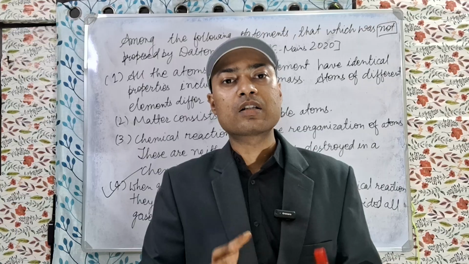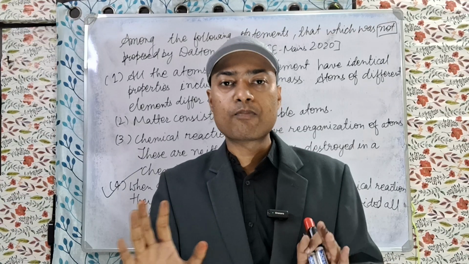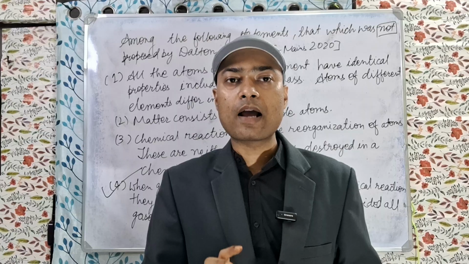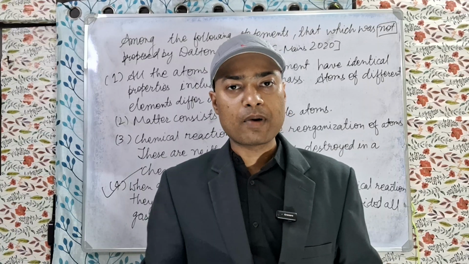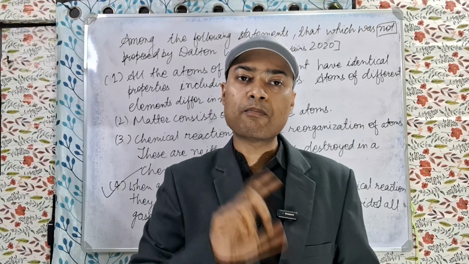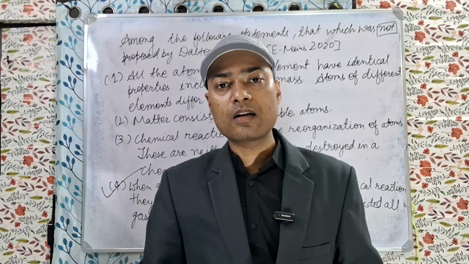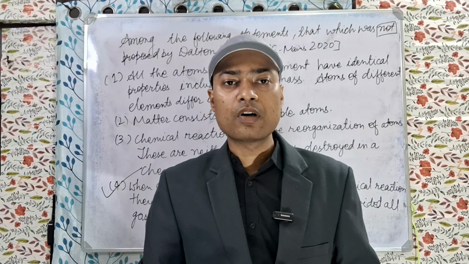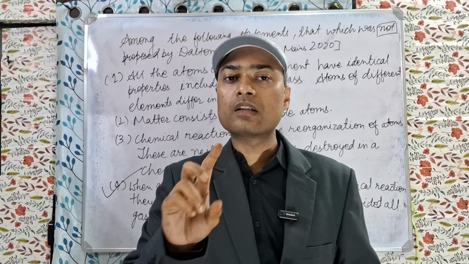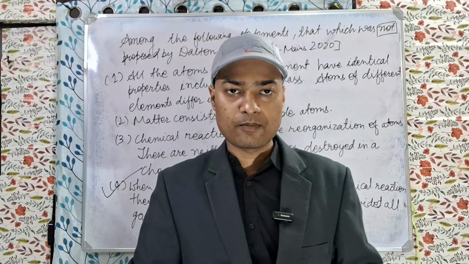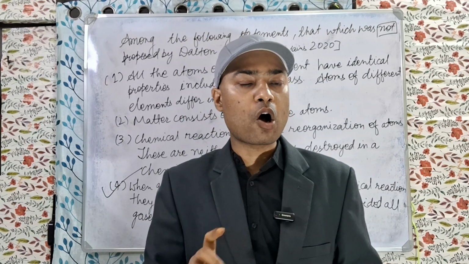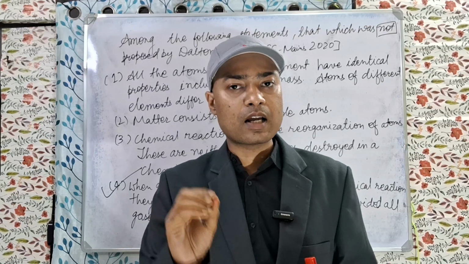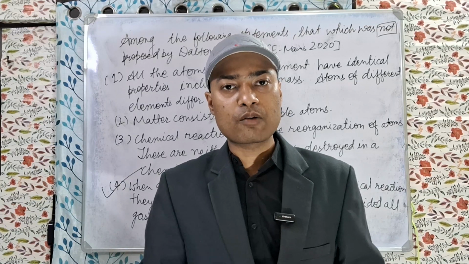And lastly, we studied about law of reciprocal proportion. What did it say? That when two elements combine with a fixed third element, then the ratio in which they combine with the third element are either same or are multiple of it when they react with each other. This was your what? Law of reciprocal proportion. And after that we studied Dalton's atomic theory, which simply says that what?